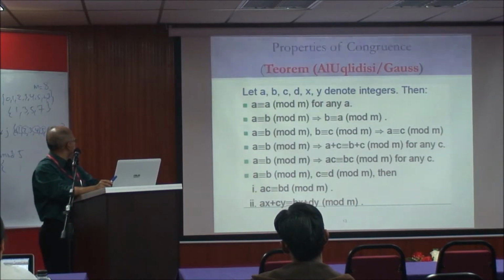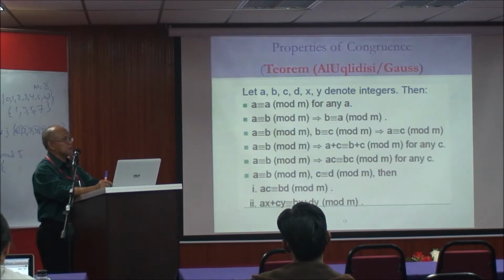The first one: a must always be congruent to a mod m for any given integer a. Referring back to the definition, this implies that m divides a minus a, and m divides 0, so that applies. Then a congruent to b mod m implies that b is congruent to a mod m, so you just switch the places of a and b.